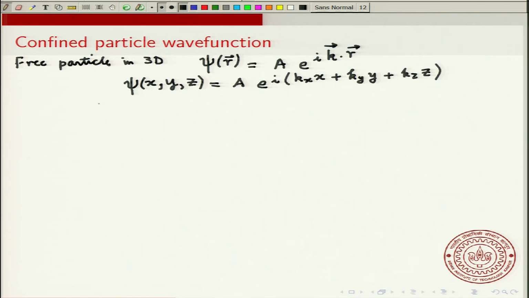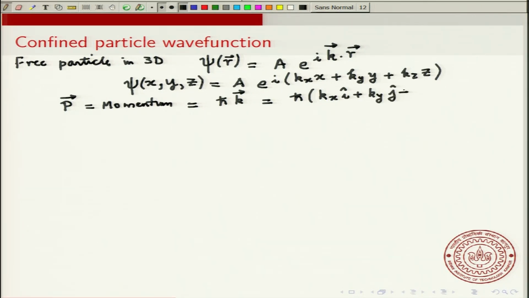The momentum is a vector. So, P is a vector momentum, and that is equal to h cross k vector, which can also be written as h cross k x i plus k y j plus k z k hat. Okay. i, j, k are the unit vectors in the x, y, z direction.